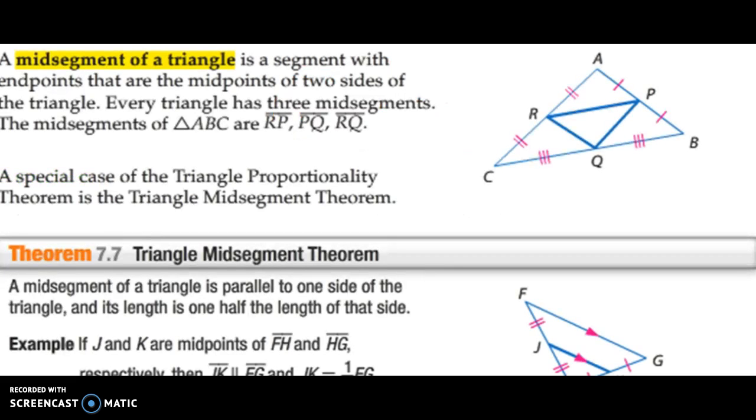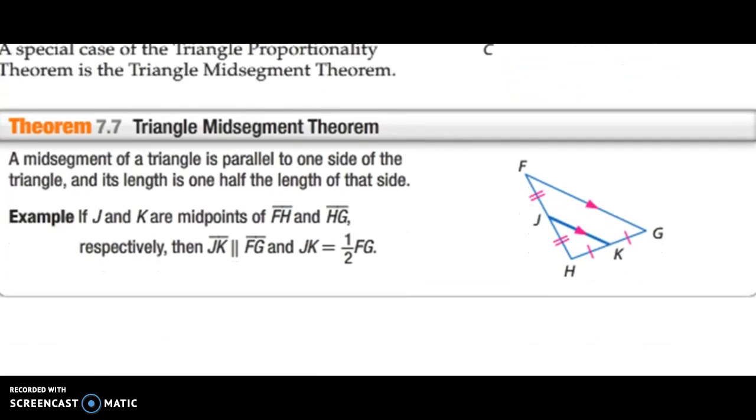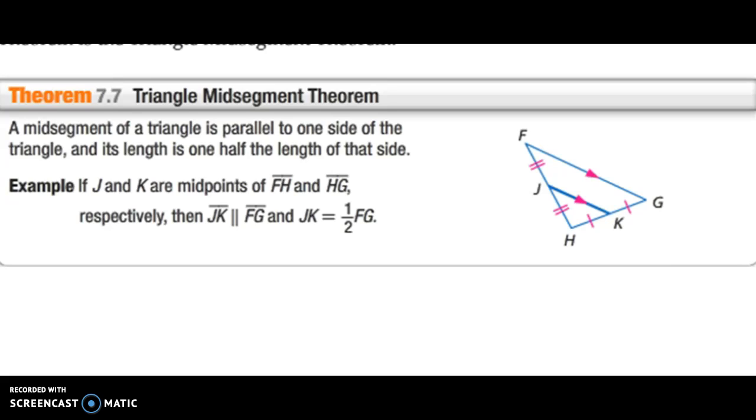So the next thing we're going to talk about is the mid-segment of a triangle. It's a segment so that the endpoints are the midpoints of two sides. So you have this one right here, this one right here, and this one right here are our mid-segments for our triangle because they're congruent on both sides. Okay? So there's a theorem that goes along with our mid-segment. It's Theorem 7.7. It says, a mid-segment of a triangle is parallel to one side of the triangle, and its length is 1/2 the length of that side.